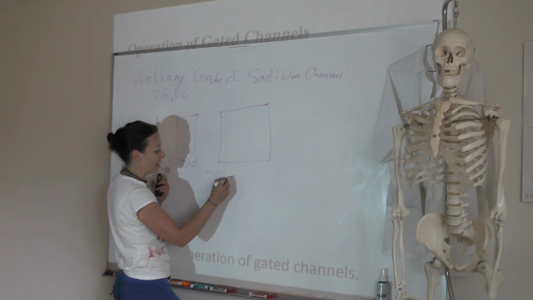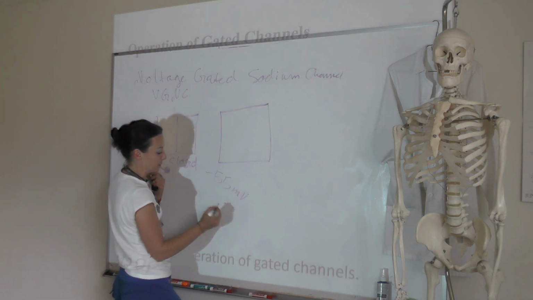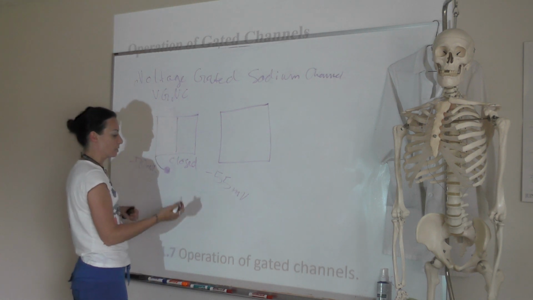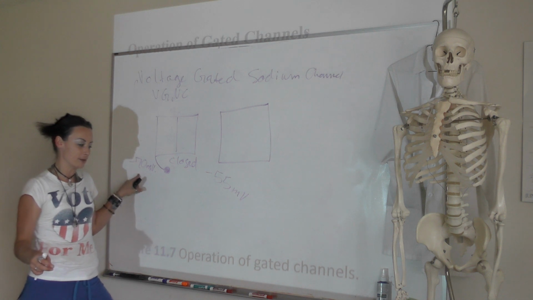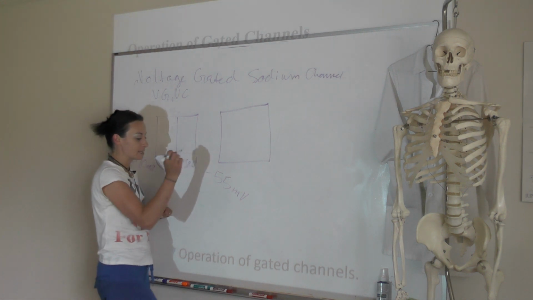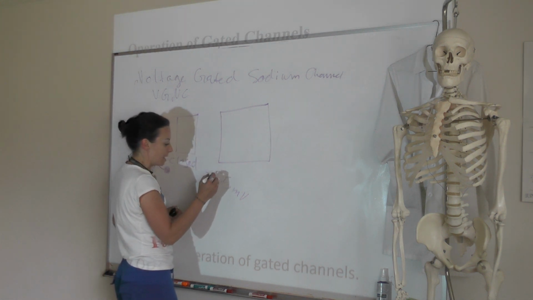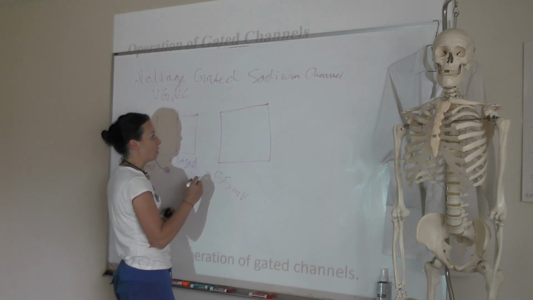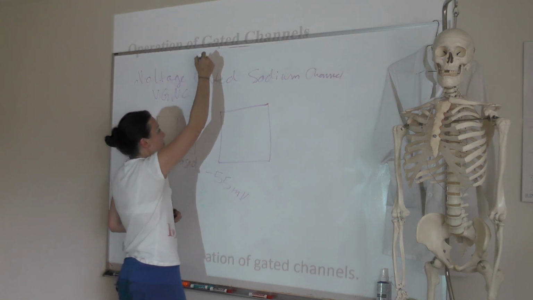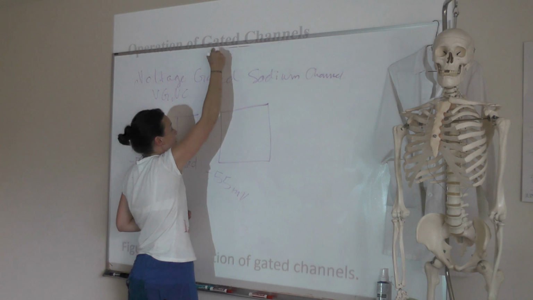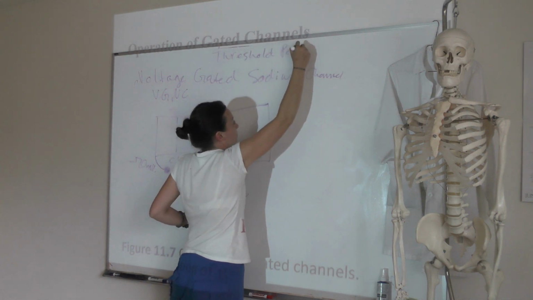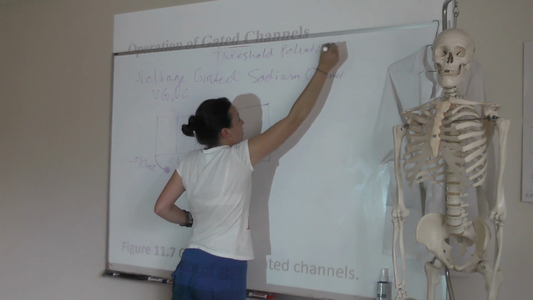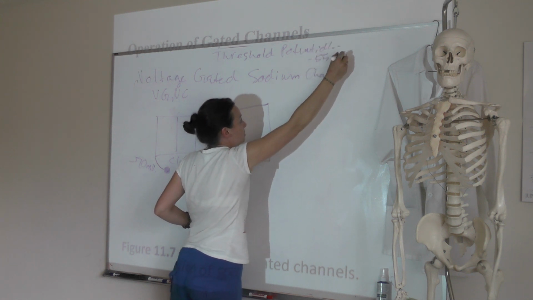They call it the threshold potential. The threshold potential is negative 55 millivolts, so it's 15 millivolts more positive than resting membrane potential. That's the key to open our voltage gates.